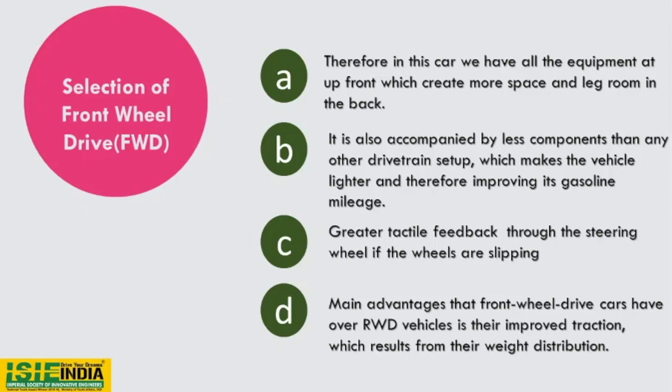It also has fewer components than any other drivetrain setup, which makes the vehicle lighter and therefore improves its gasoline mileage, which helps in saving money. And that is the main reason why you see most economy type cars are front wheel drive. Adding to this, there is greater tactile feedback through the steering wheel, that is, if the wheels are slipping.